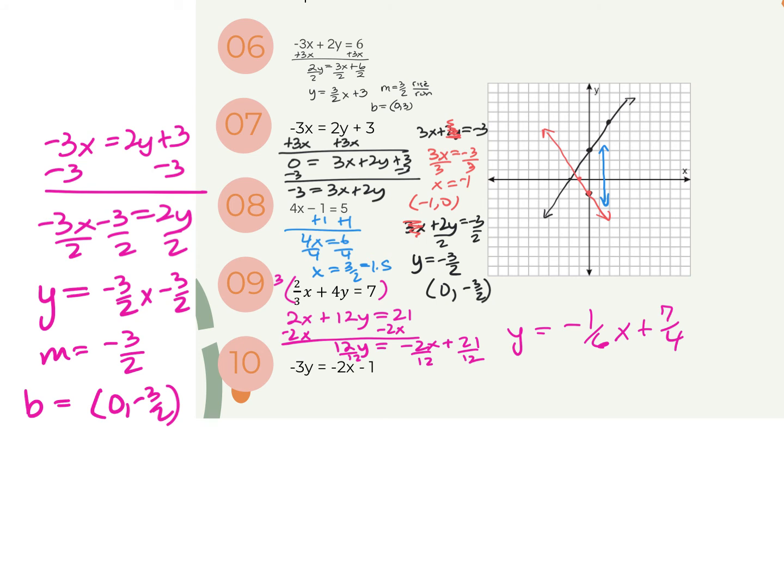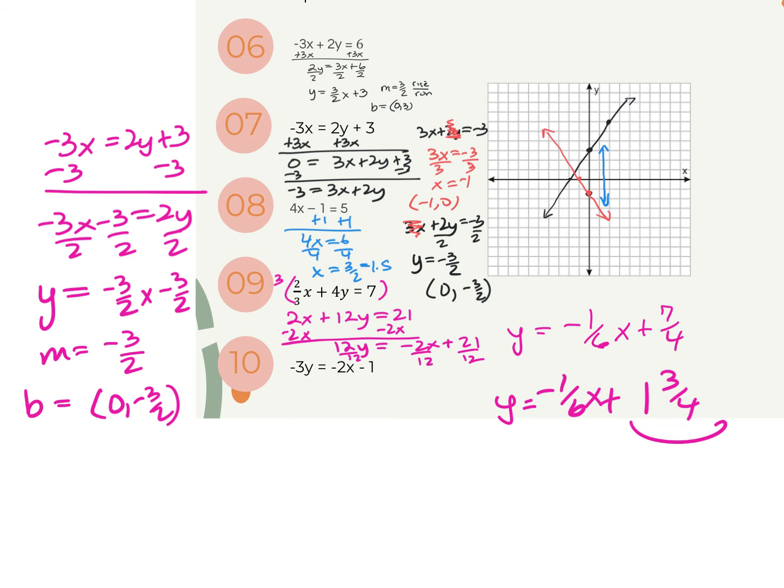All right, so I have to graph this crazy one. So 7 over 4, remember this is really 1 3/4. So this is where my first point's going to go, but then I need to go down 1 because it's a negative slope, and then from there run to the right 6.